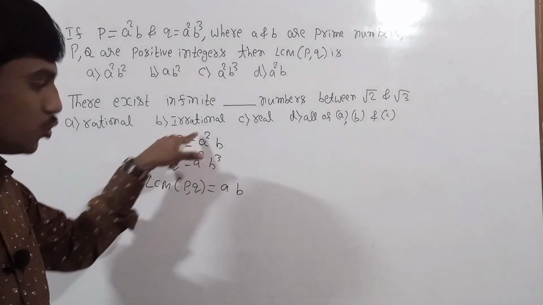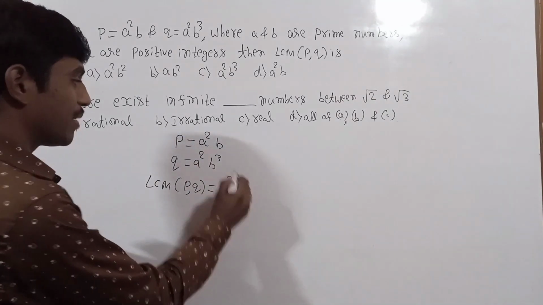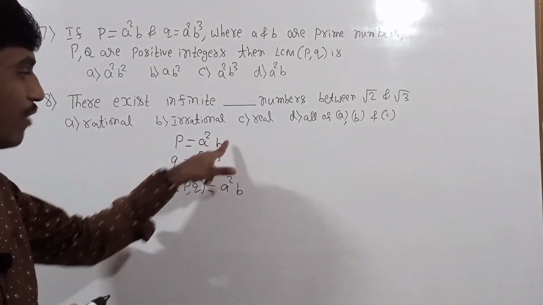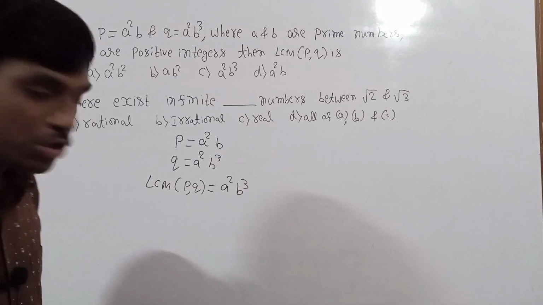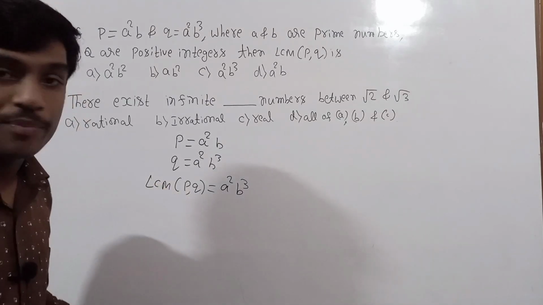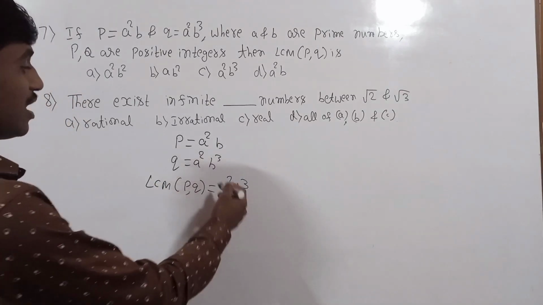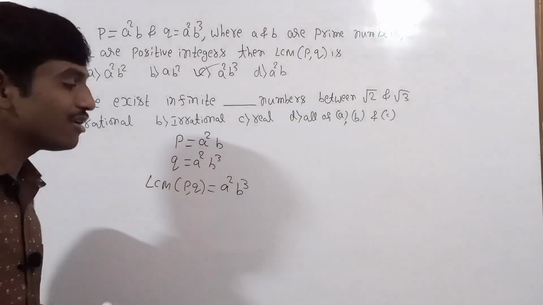So here 2 both are same, so we'll write 2 only, but in the b which is the highest one, here 1, here 3, so 3 is the highest, so we'll write 3. So a square b cube is the LCM of P and Q. That is, the answer is option C, a square b cube.